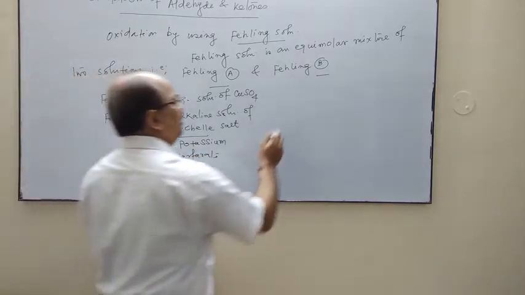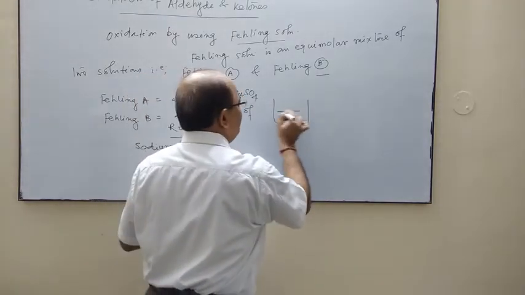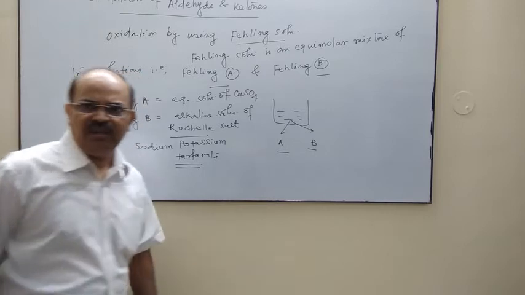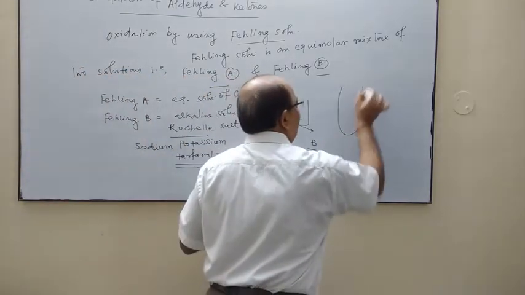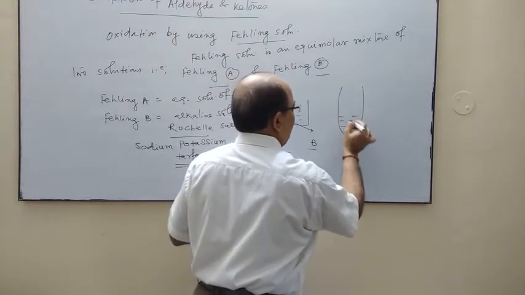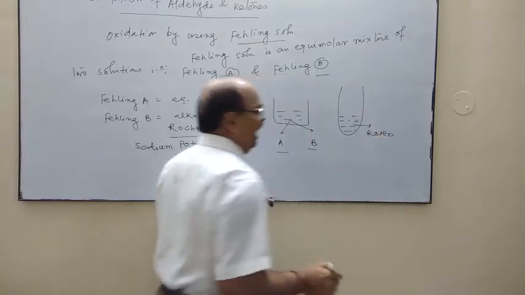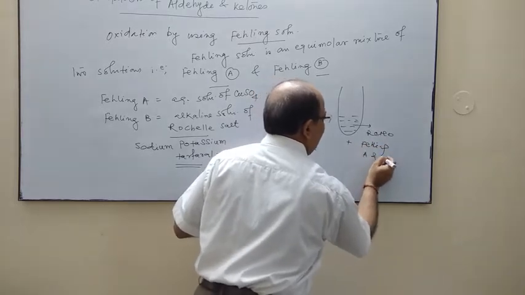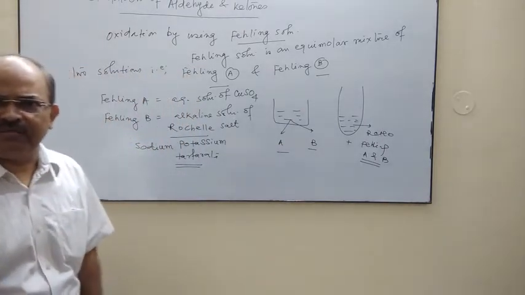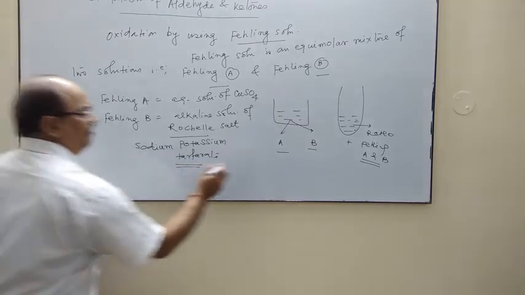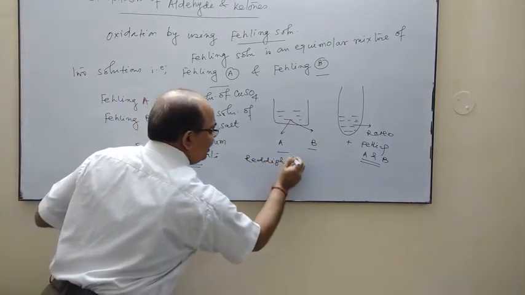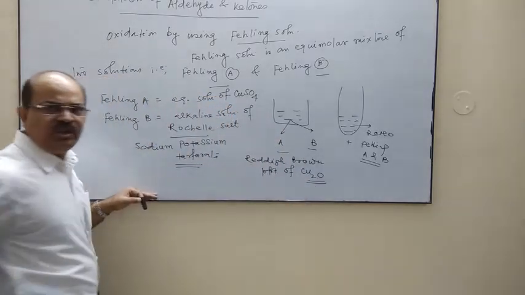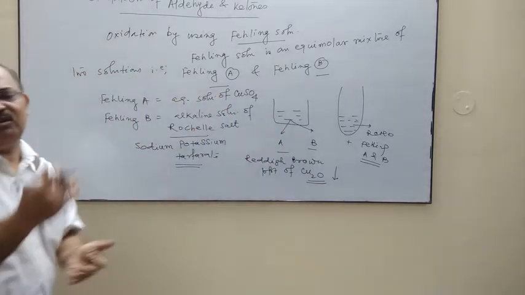So what will we do? We will take a beaker, and in it suppose you have taken equimolar Fehling A and Fehling B. Now you take aldehyde solution in a test tube, and if you warm it with your equimolar mixture of Fehling A and B, then we observe a reddish brown precipitate of cuprous oxide formed.